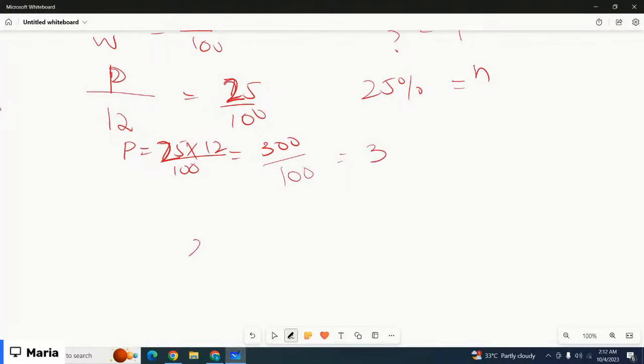So that means 25% of 12 is 3, right? So 25% of 12 is 3. The correct option is 3.